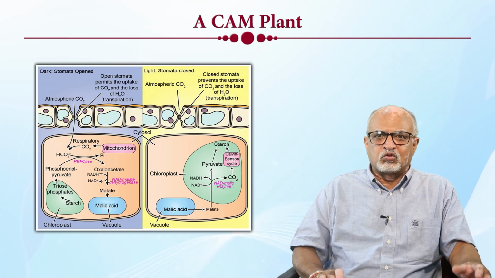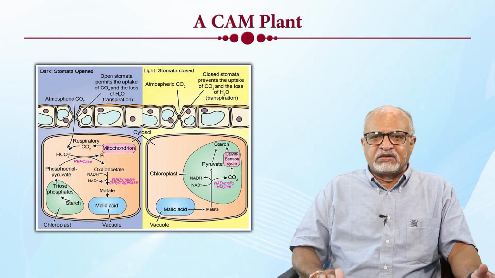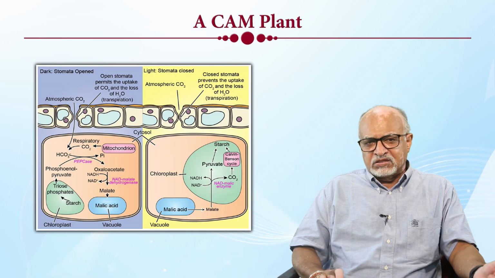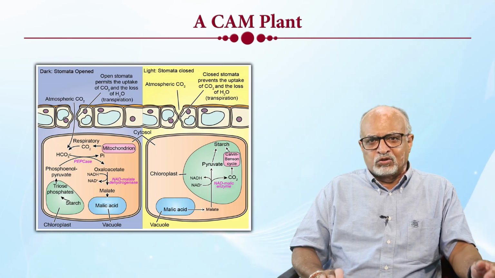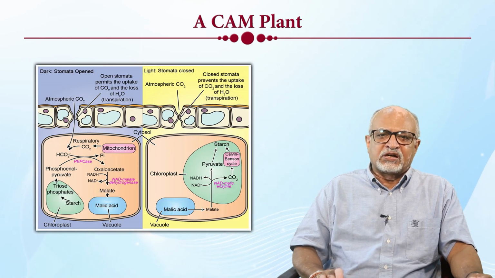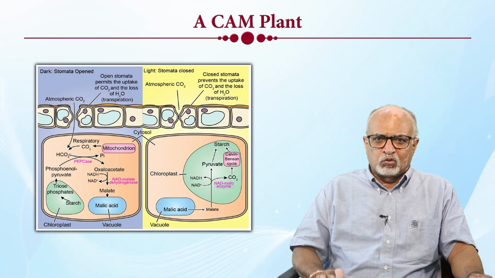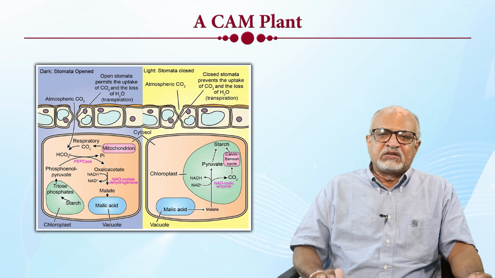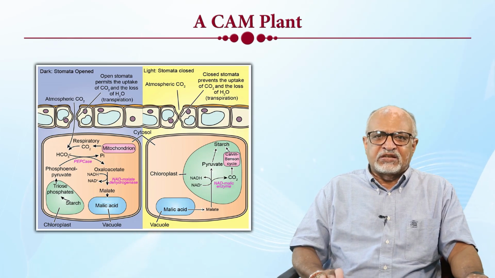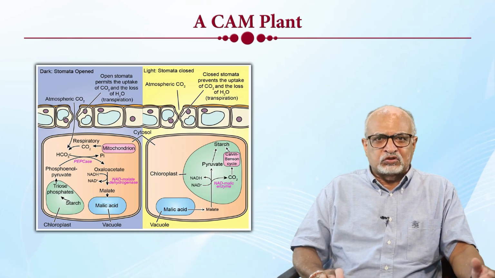During the day, the stomata are closed, and we find that this malic acid from the vacuoles is now channelized to the chloroplast, where it gets converted into pyruvate, and ultimately the C3 cycle prevails to give rise to starch.